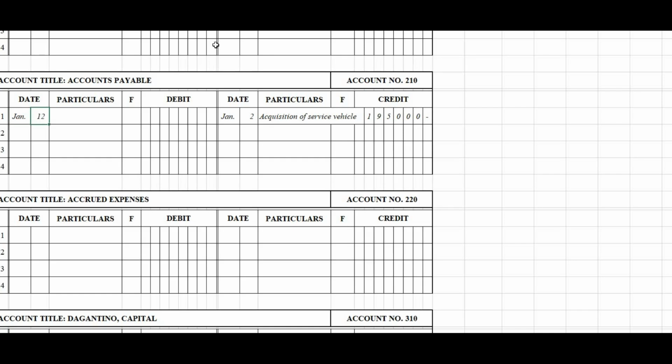So this is 11 payment. Or should I say partial payment? So assuming it's page 2. So you have 97,500.